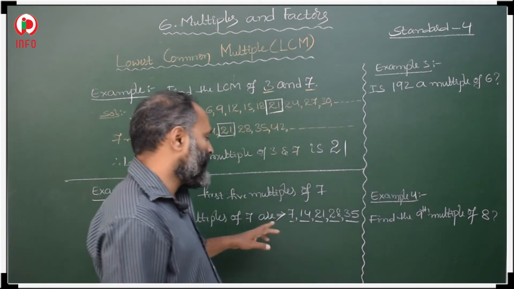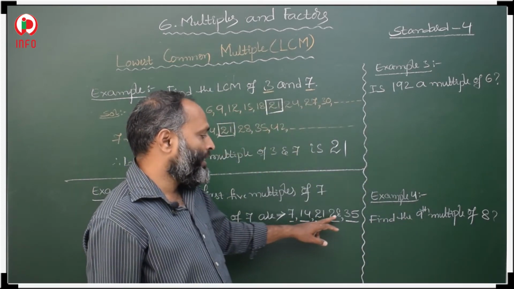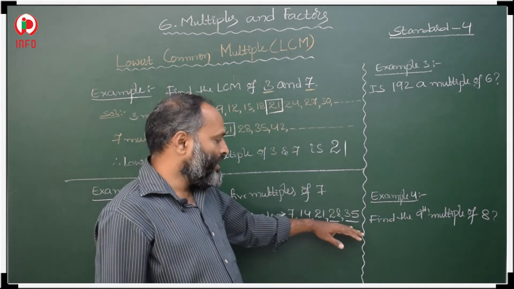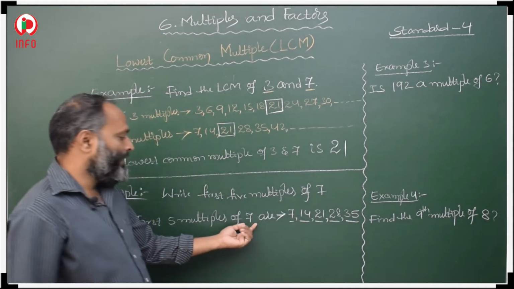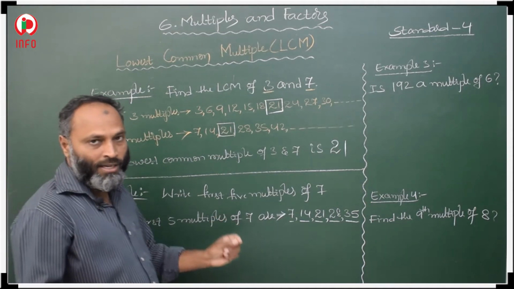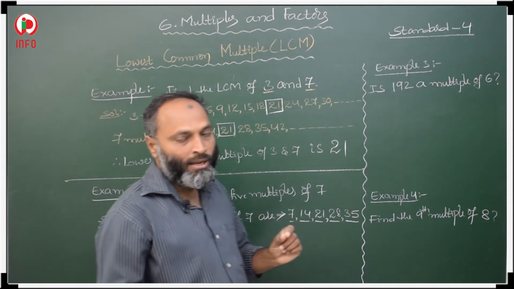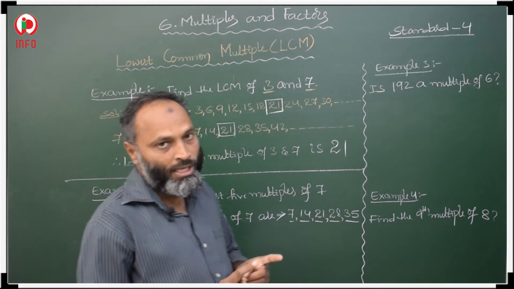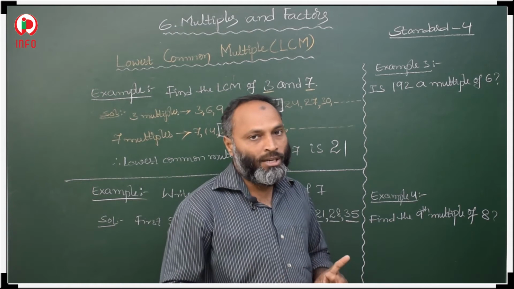Here 7, 14, 21, 28, 35 are all multiples of 7, and these are exactly divided by 7. If the number is divisible by the given number, then it is a multiple. If not, then it is not a multiple.